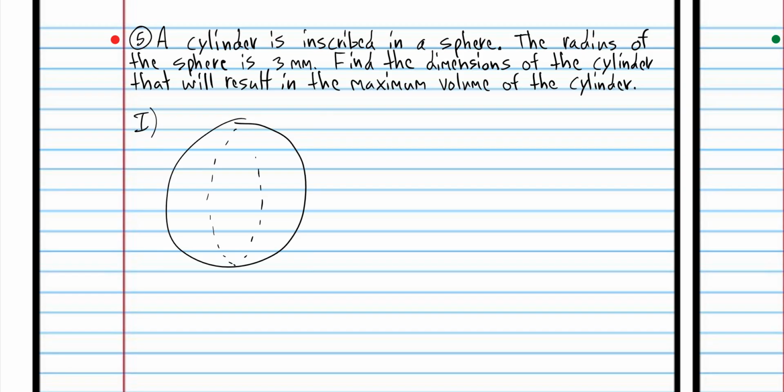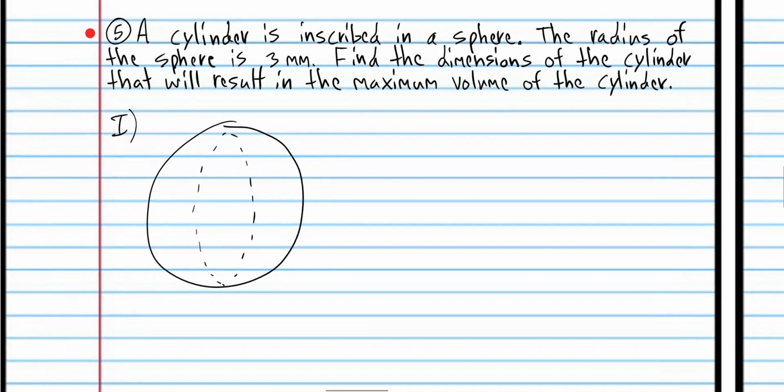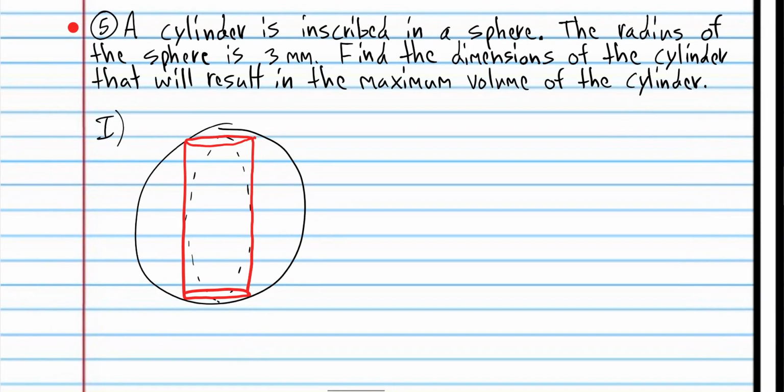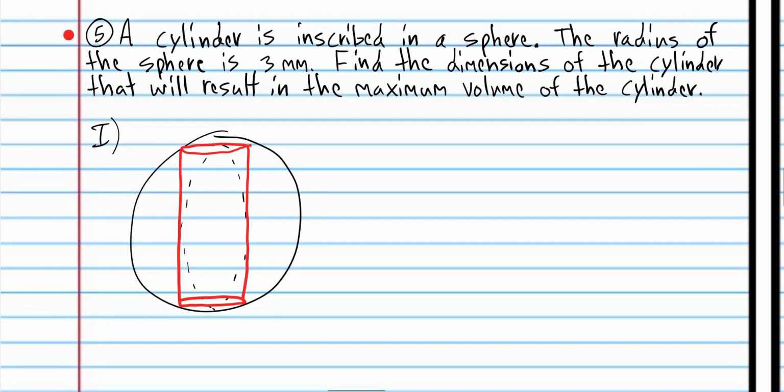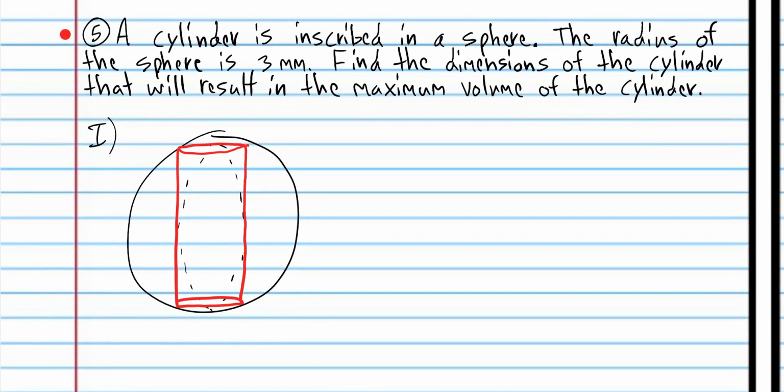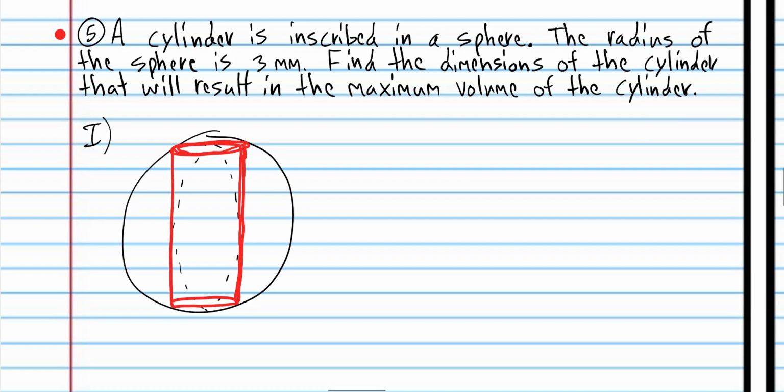So we have a sphere, and what it means for a cylinder to be inscribed in a sphere is that the corners of the base of the cylinder are touching the sides of the sphere. So the cylinder can just barely fit inside the sphere. It's big enough to just barely fit inside.